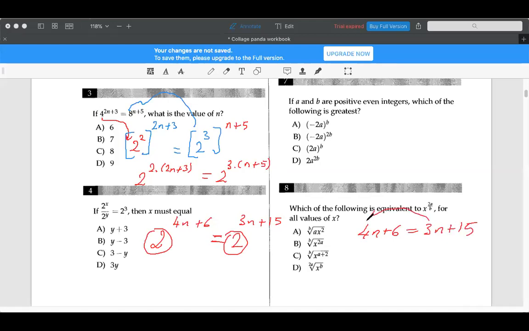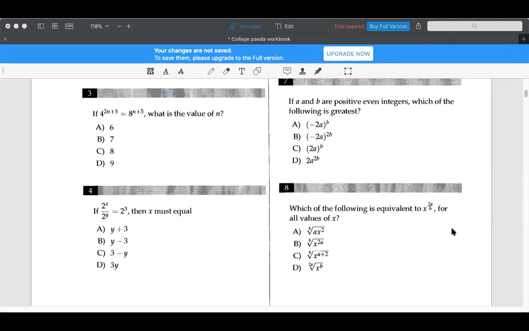And then take the 3n to the other side, 4n minus 3n. Take the 6 to the other side, 15 minus 6. So n equals 9. Okay? Check the calculations. If you want to ask me something, you can ask. Do you have any question? No, sir. Okay.